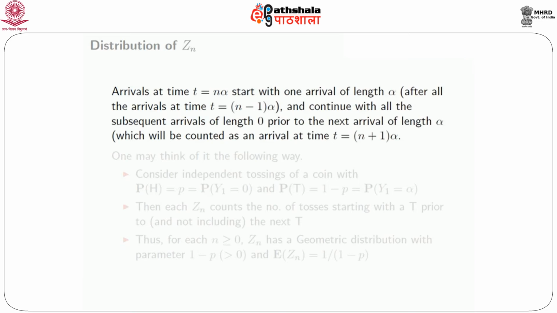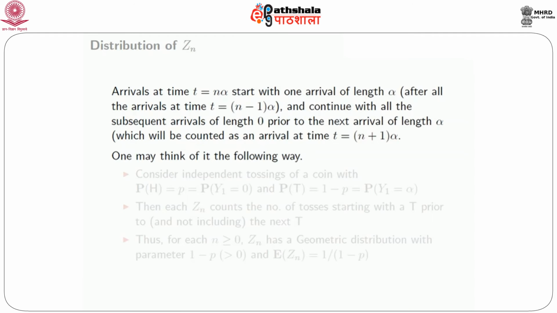Arrivals at time t equal to n alpha start with one arrival of length alpha, because suppose there is an arrival at (n minus 1) alpha. Now all successive arrivals of length 0 would keep on happening at (n minus 1) alpha until such time that there is an interarrival of length alpha, when the first arrival at t equal to n alpha will start.